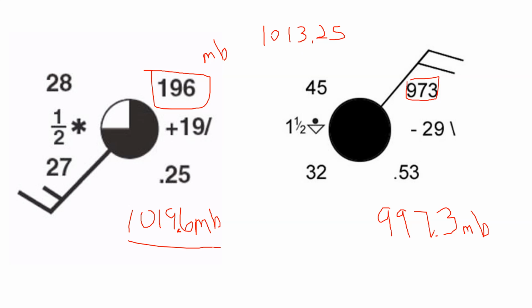And so by looking at this, you want to compare all of these to that number. Well, you see that 1019.6 is much higher than 1013.25. So these are generally the conditions under a high pressure system, which means it's going to be kind of nice weather because higher pressure indicates nicer weather. Well, you notice that 997 is significantly below 1013.25, and that's going to indicate a lower pressure, and you can look at this by looking at the cloud cover, which is found in here.